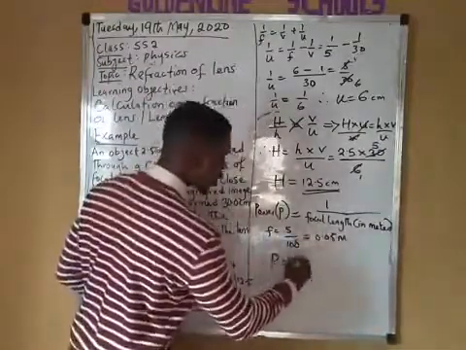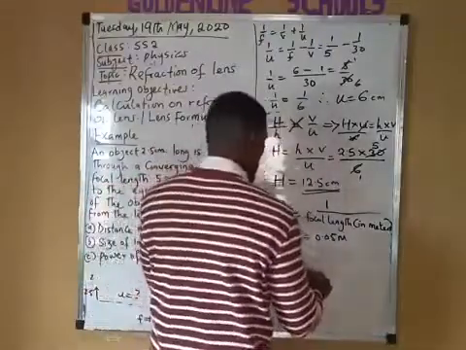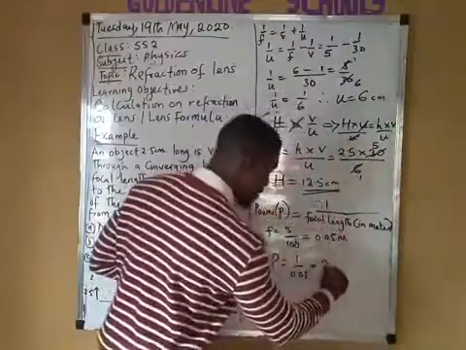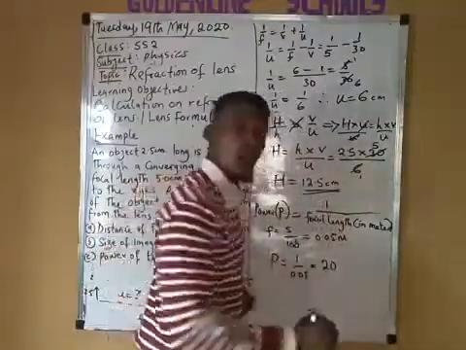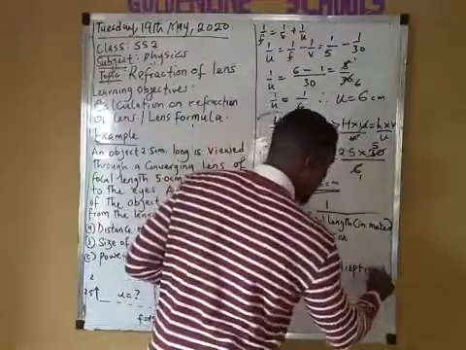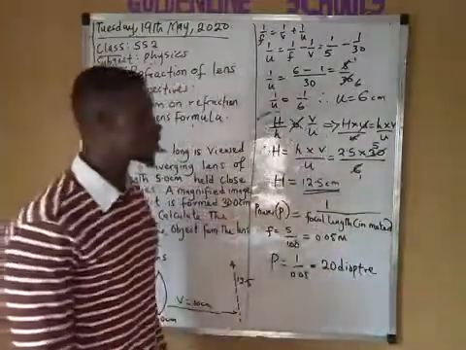So P becomes 1 over 0.05, which gives 20. So that becomes 20 diopters. Diopter is the unit for power of a lens. Alright, that is all.